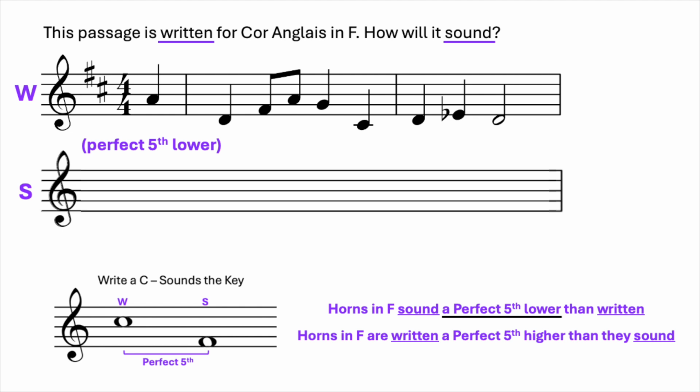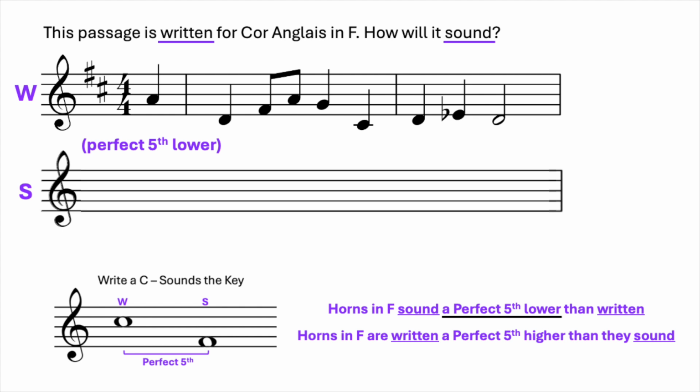Underline the keywords in your questions, put a W and an S next to the appropriate staves, write in a little reminder about the distance and direction of transposition. All of these little helpers will set you up for success in this type of higher order thinking question.